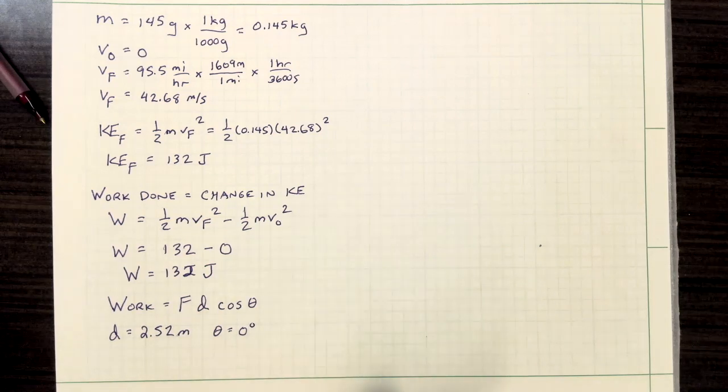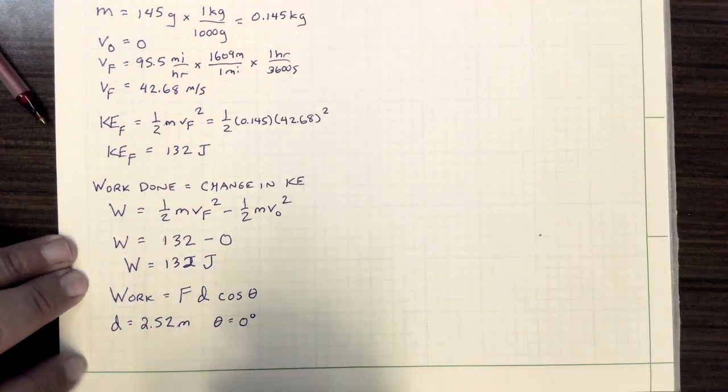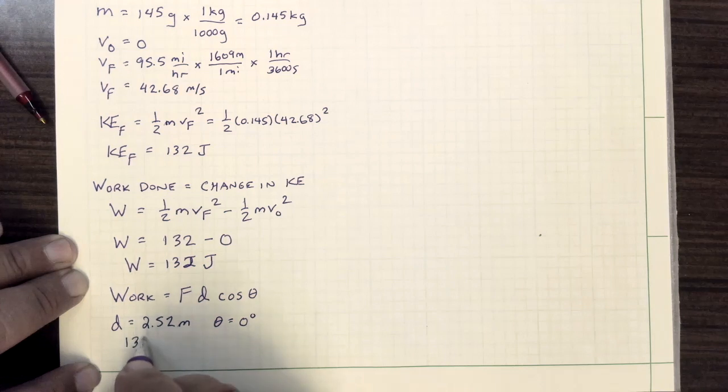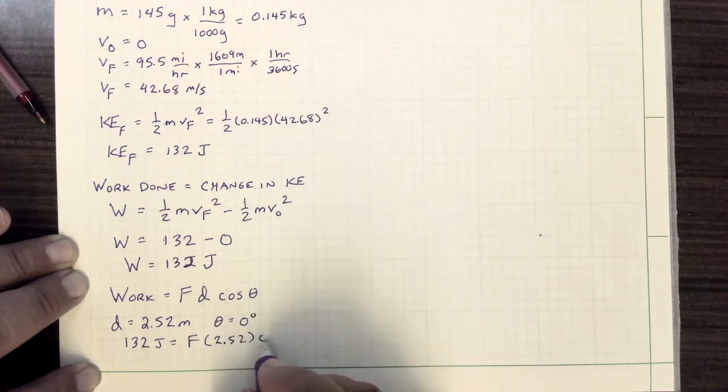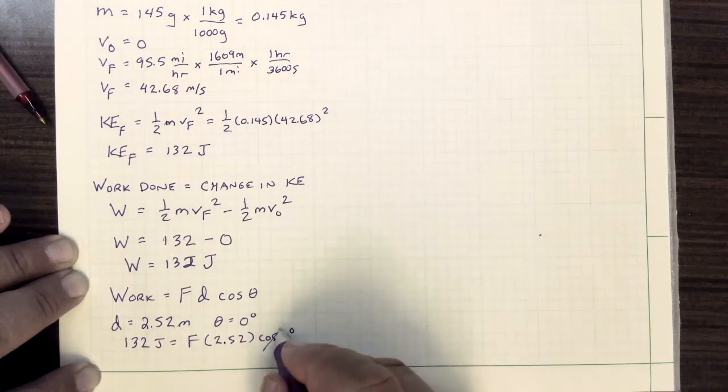And so we can say then that 132 joules equals our force multiplied by our displacement multiplied by the cosine of 0 degrees. Cosine of 0 is, of course, 1.